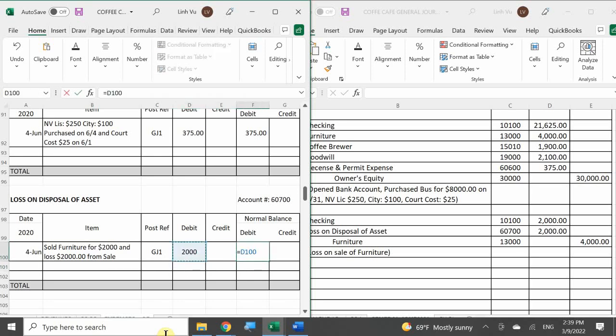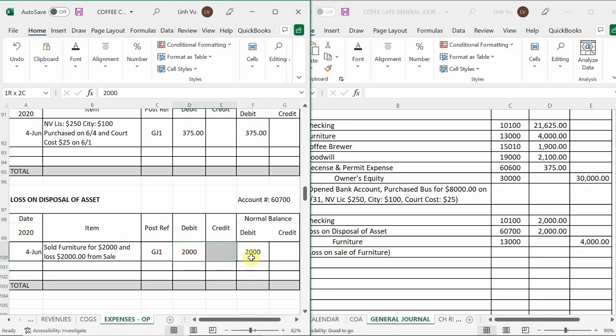This was the $2,000 we spent for the business that we got nothing out of. And of course, I'm going to format this to comma style. And because I debited my account, this is the first account, then it's going to reflect as a $2,000 loss.